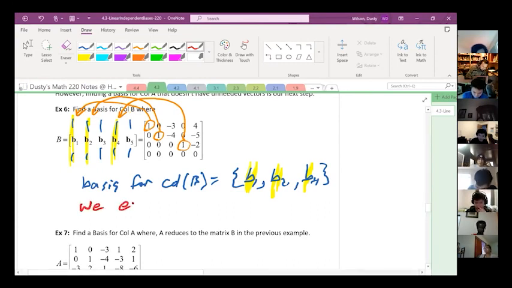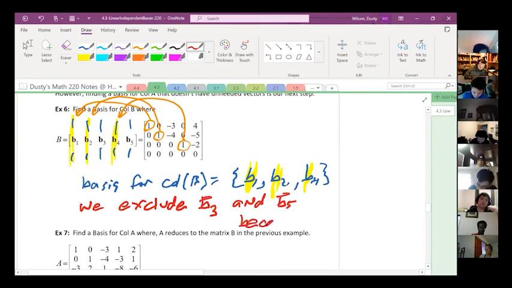So we exclude B3 and B5 because they're redundant, because we have that B3 would be equal to minus 3 B1 minus 4 B2. Sorry, B2, I said 5.